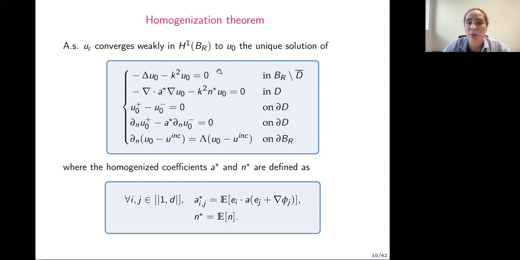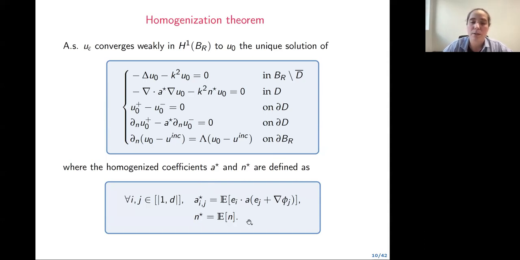You have the same equation outside of D, and inside of D you have a Helmholtz equation where A* and N* are the effective coefficients. This means that they are constants that can be computed from our coefficients A and N. You have the transmission condition over the boundary of D, and a DtN condition at the boundary of B_R.